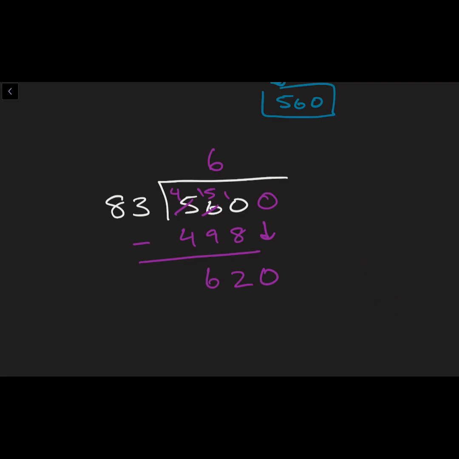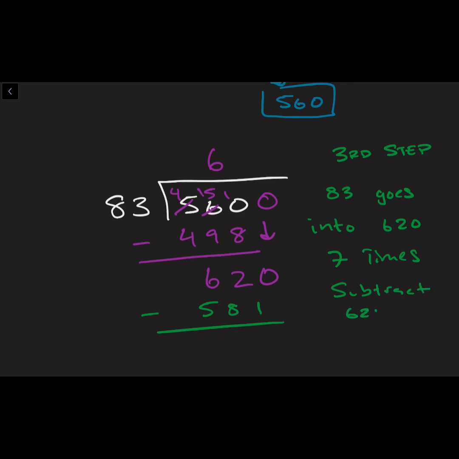All right, so for our third step, we got to find out how many times 83 goes into 620. So 83 goes into 620, 7 times, all right? 7 times is going to give us 581. Now we can go ahead and subtract 620 and 581.